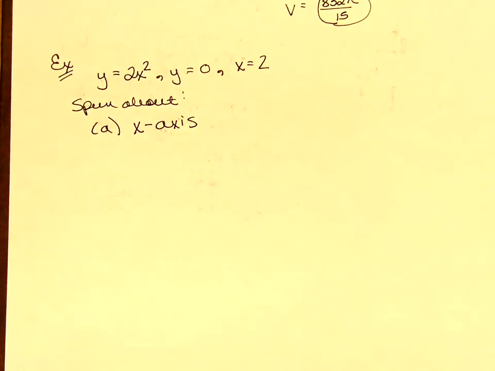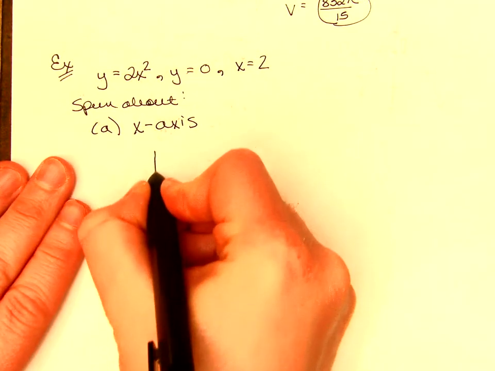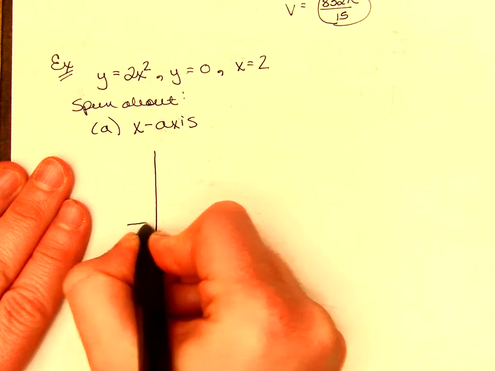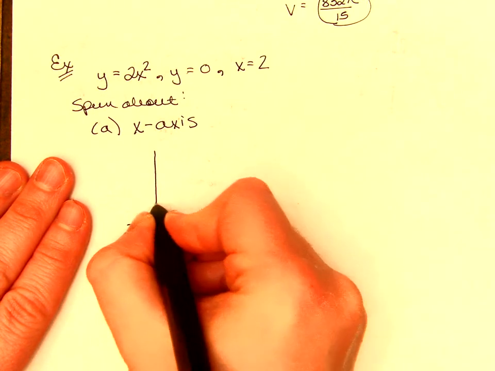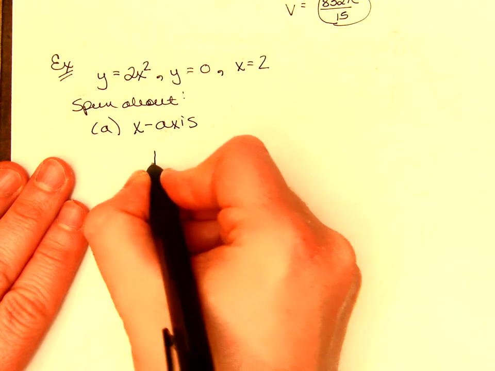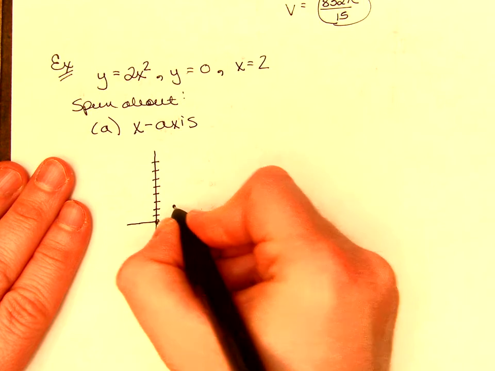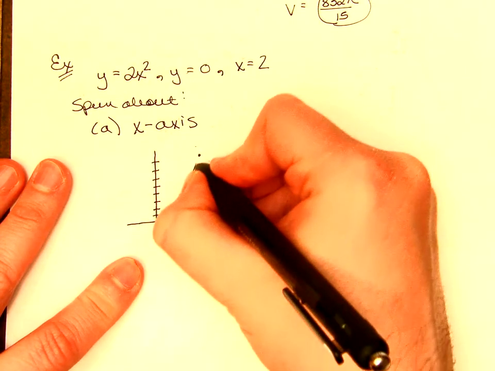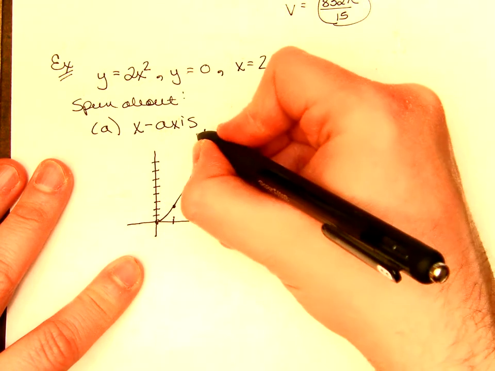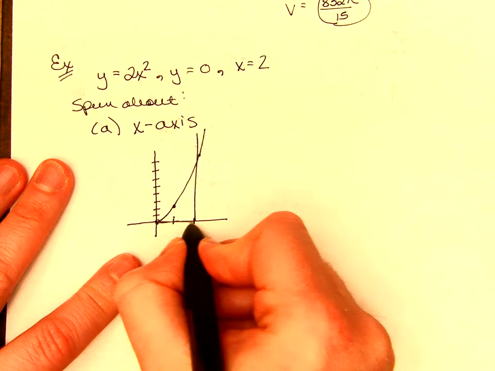Take a moment, sketch your region. Bound by x equals 2.